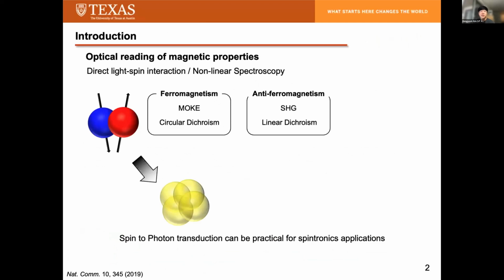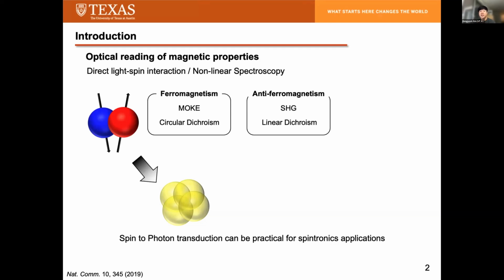Typically, we are an optics group, so we are always thinking about how to detect spin information from a material by using optics. If you use an optical technique to detect spin information from your system, people try to use the direct light-spin interaction. So typically they measure the difference in polarization change after the light-matter interaction to see the spin information from the system.